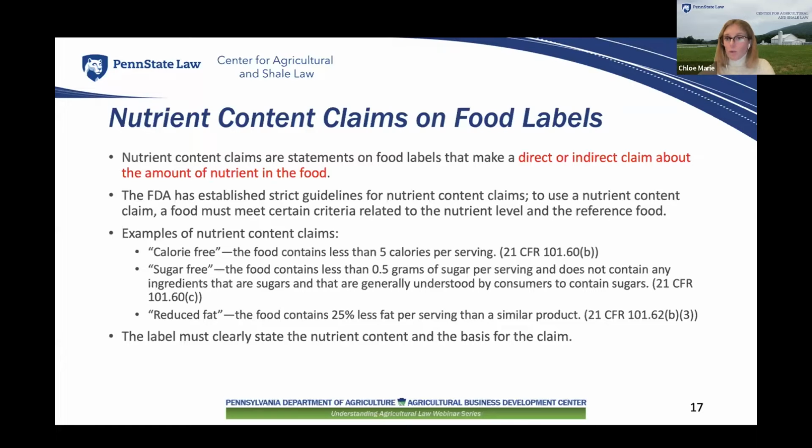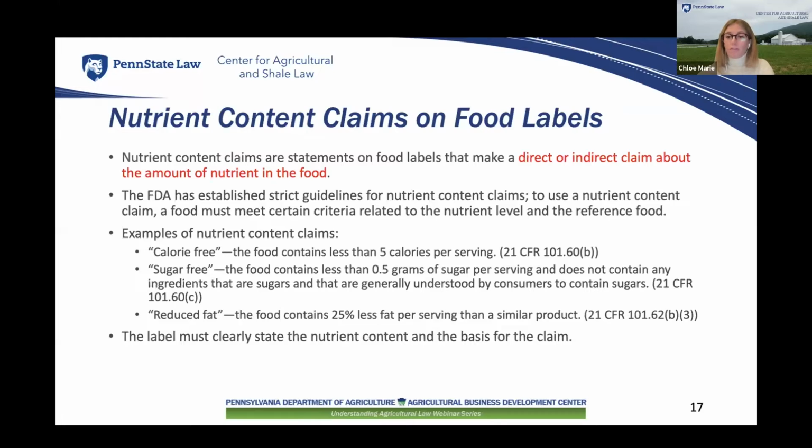One last example, foods can be labeled reduced fat, less fat, or lower fat if the food contains at least 25% less fat per reference amount customarily consumed than an appropriate reference food. The label must clearly identify the reference food and the percentage by which the fat content differs between the two products.